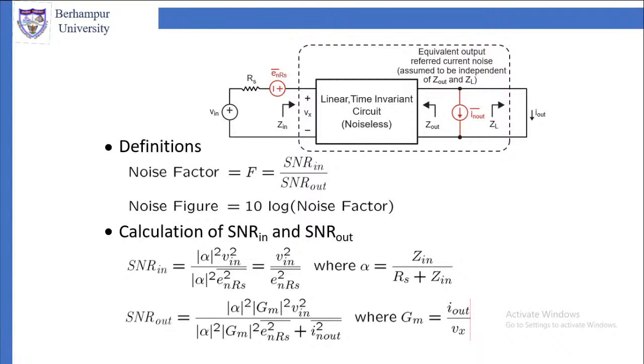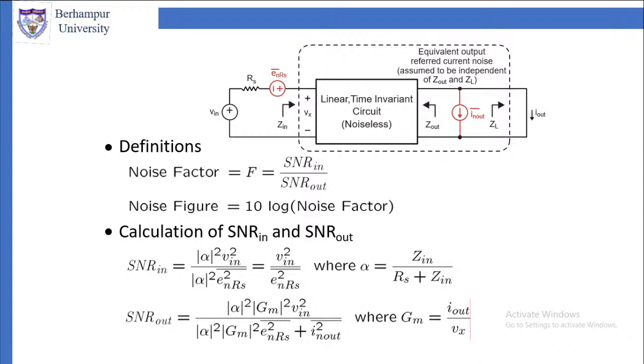Now let us take some definitions. One is noise factor, second is noise figure. Noise factor is defined as F, which is equal to the signal to noise ratio at the input divided by the signal to noise ratio at the output.